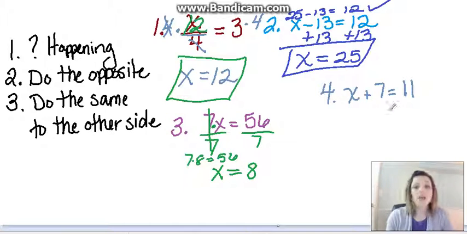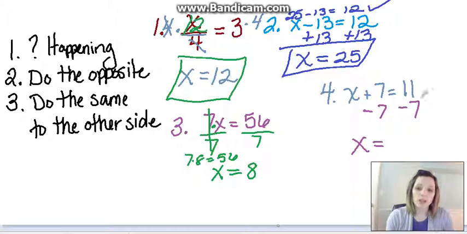Yes. And then you look at this last one here, and you say, what's happening to my variable on this side of the equal sign? You say it's being added to, so you need to do the opposite and subtract. And whatever you do to that side, you must do to the other side to balance it back out.